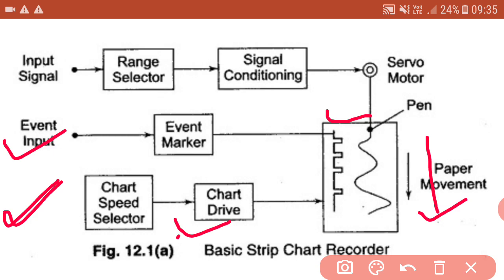So the servo motor is the main element, and it is used for driving the pen or stylus.